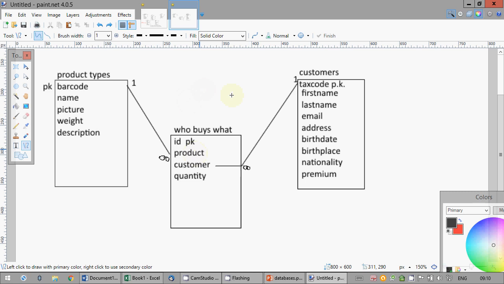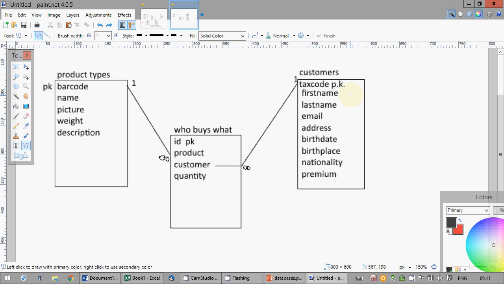Okay. This is the situation. Let's see whether it's correct. Each customer can make several, let's say, this is a buying act, so the act of buying something. Each customer can make several buying acts. Each buying act has only one customer. This is reasonable.